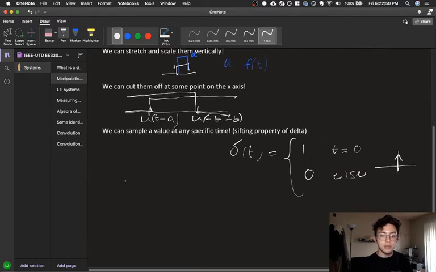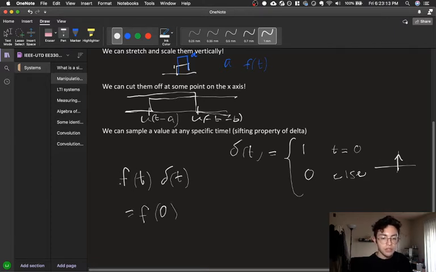And multiplying some signal by this delta function has a unique property of just giving us wherever that delta function is 1. So in this case, this would be f of 0.